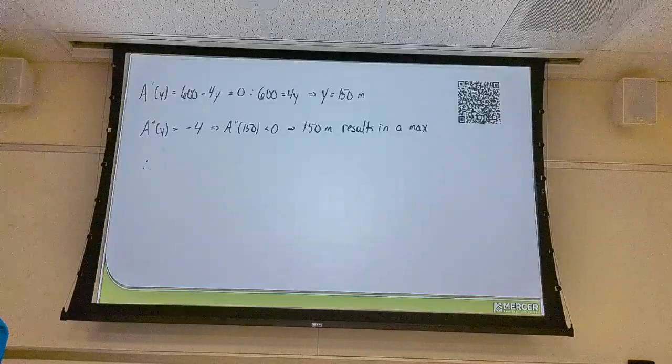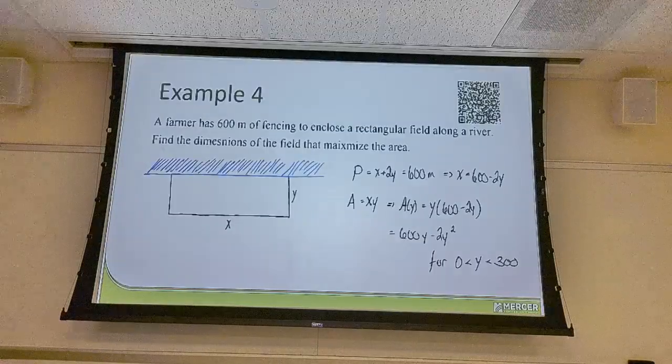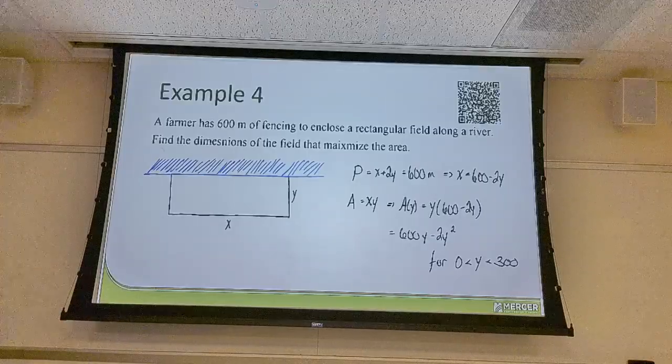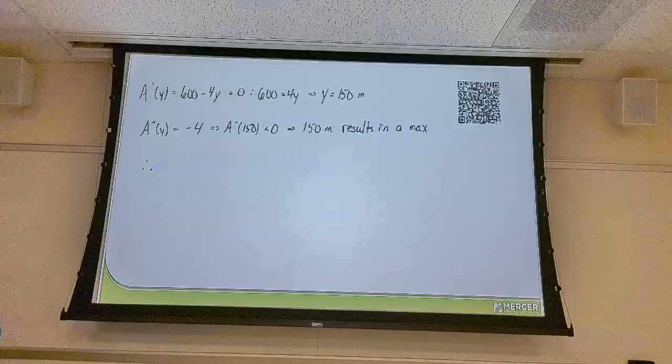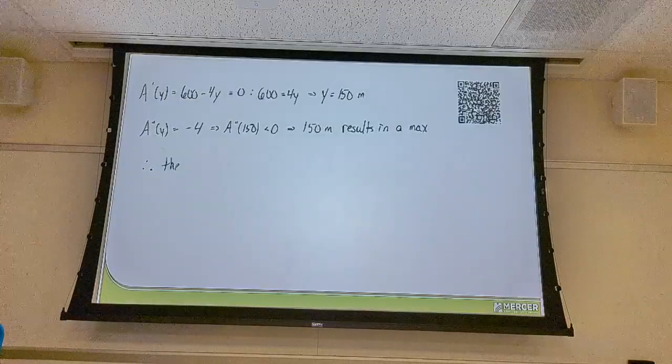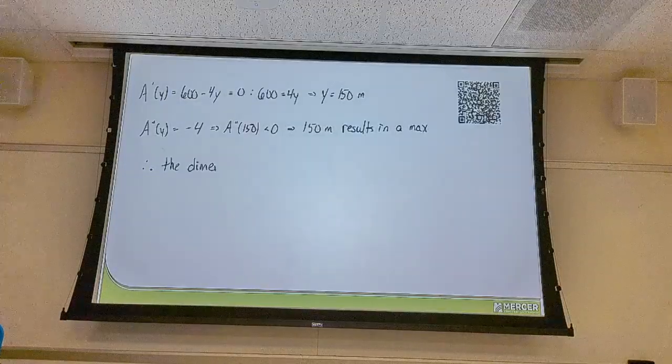But what is it asking for? The dimensions of the rectangle. Dimensions, right? Yeah. So it means x has to be 300.